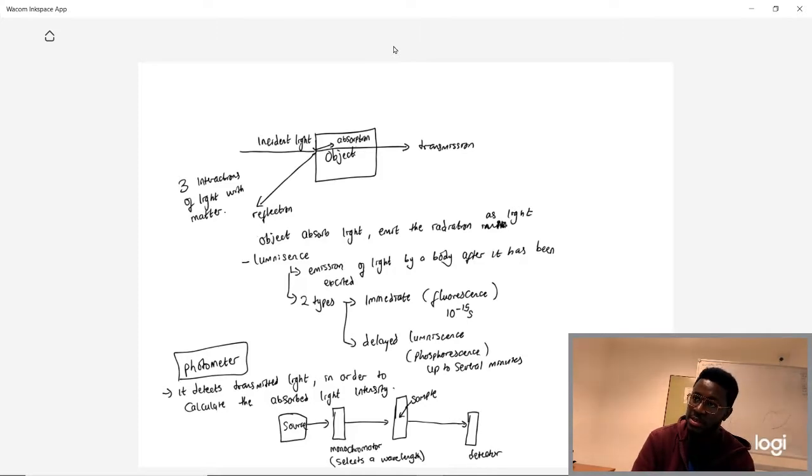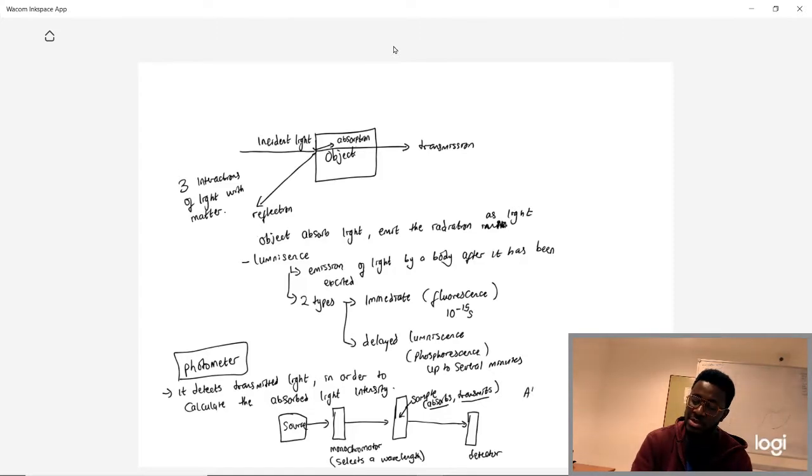The sample absorbs some light and also transmits some light. So imagine that reflection is minimal, then the light intensity absorbed is going to be inversely proportional to the light intensity transmitted, right?